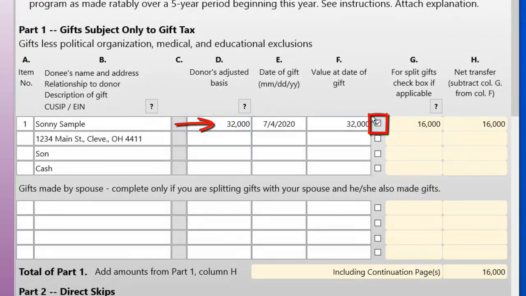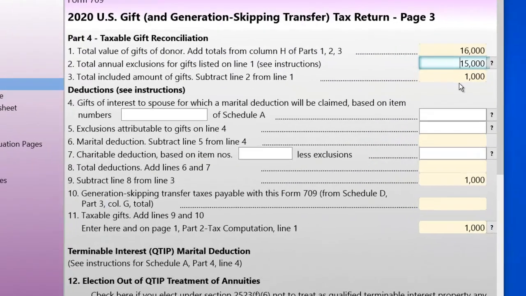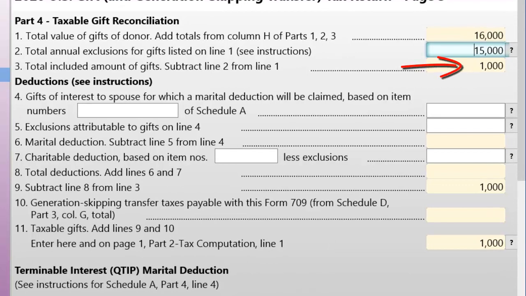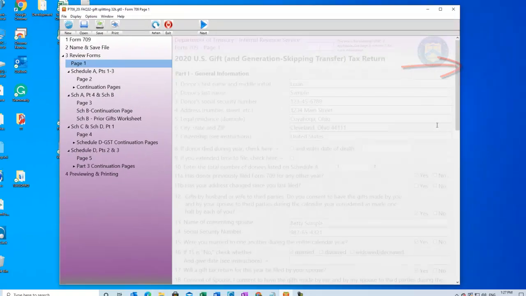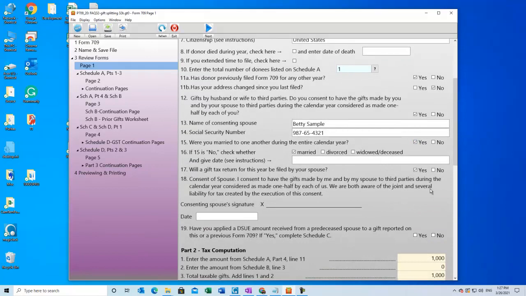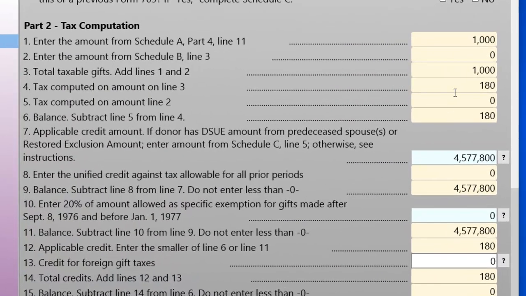The election is the check box, $16,000, and that goes over to page 3 as the total in column H, leaves a $1,000 overage, which goes to then page 1, line 1, in the tax computation section, and we see that that generates a $180 tax, and that's eaten up by the $4.5 million credit, so 0 taxes due.